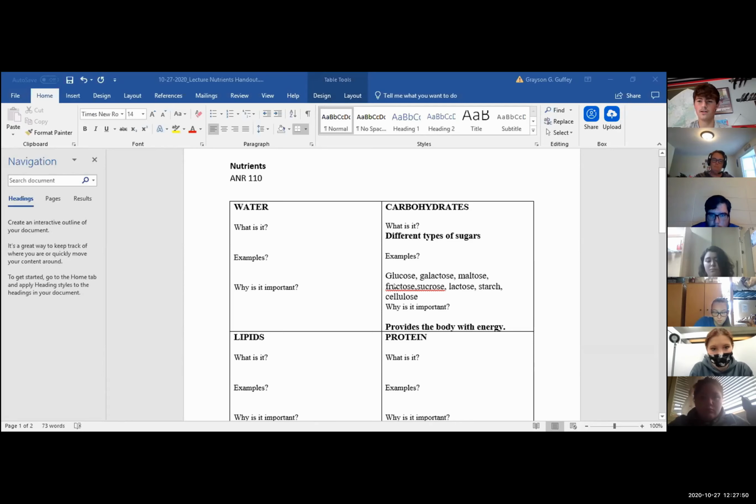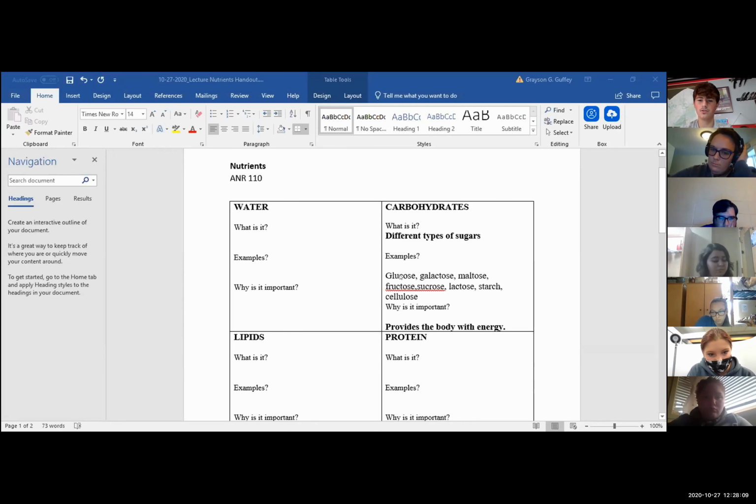Fructose is in a lot of different foods that we eat that are like sweet and stuff. And maltose is used in like hard liquor and beer and stuff like that, which a lot of people drink.